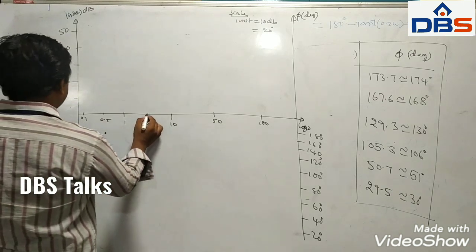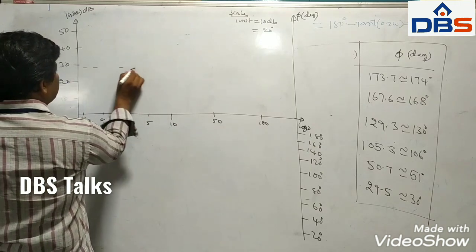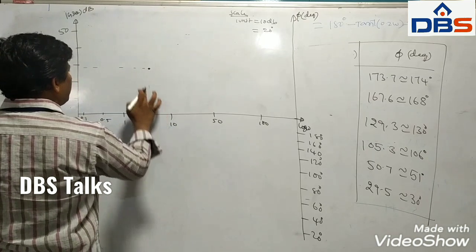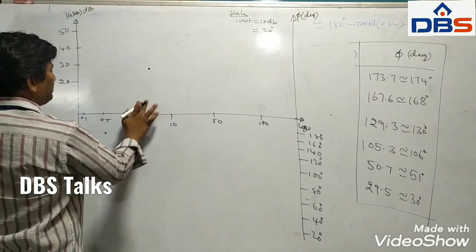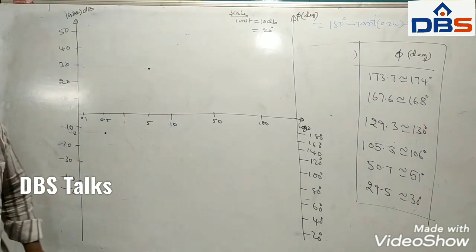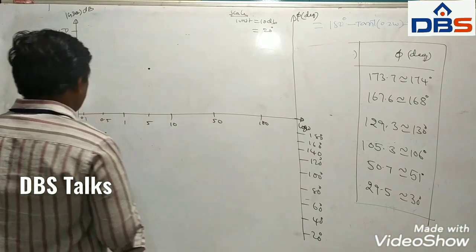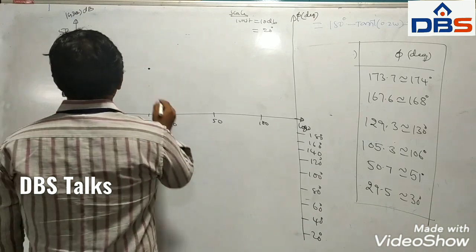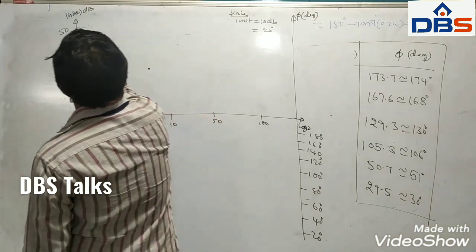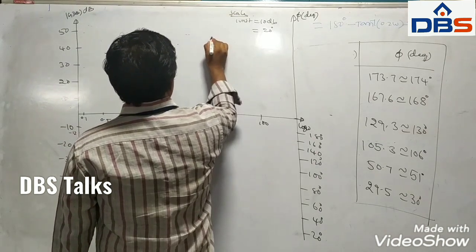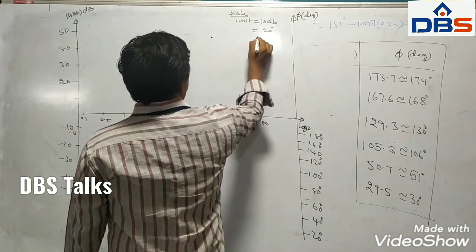Next the value for 50 is 48 dB, and also for 100.